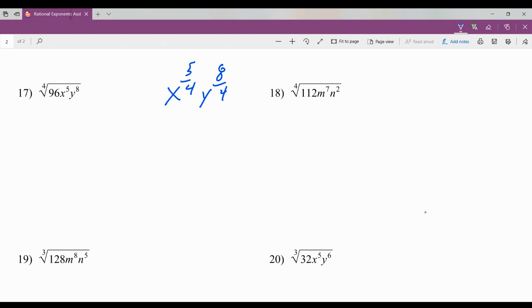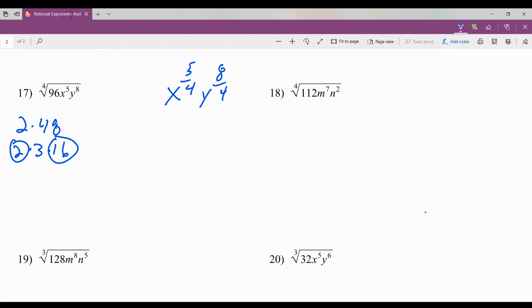96 is 2 times 48. So 2 times 48, which means it's 2 times 3 times 16. 16 is 2 to the 4th. There's another 2.